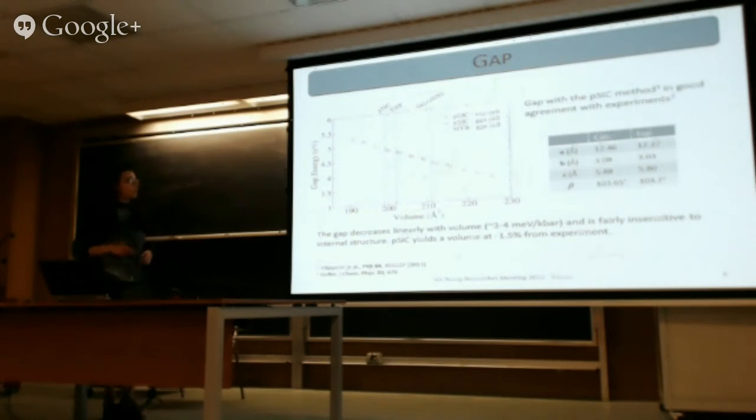The gap with the first method is in good agreement with experimental data, but the hybrid doesn't work very well. But both show a linear trend with the volume, and it's very insensitive to internal structure, but depends mainly only on the volume.